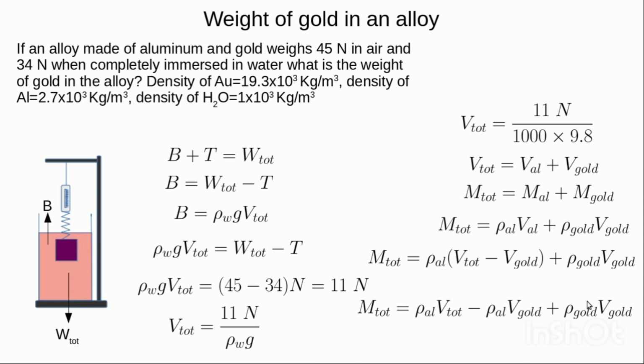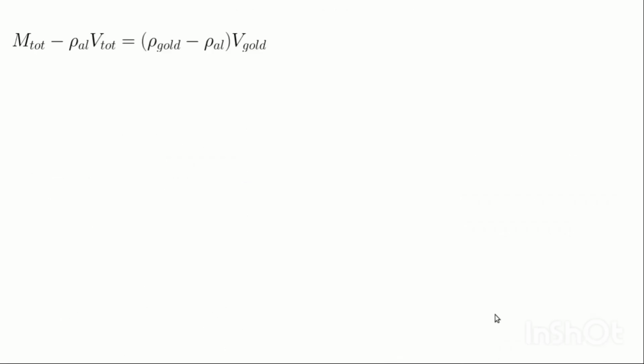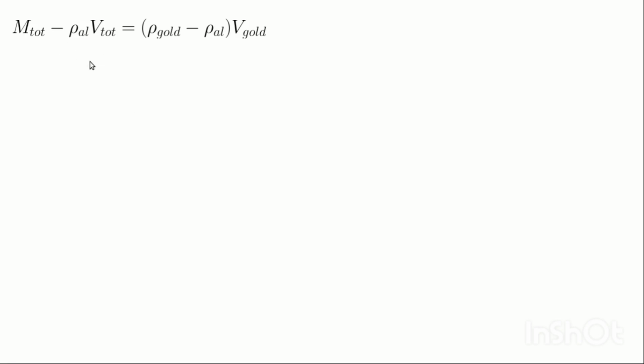Now, if we take V gold out as a common term, we have M total equal to this expression. We can send this part across and divide by this expression to make V gold the subject of the formula. So this is the final formula we are going to use to get the volume of the gold.